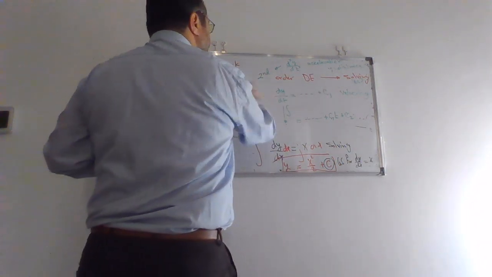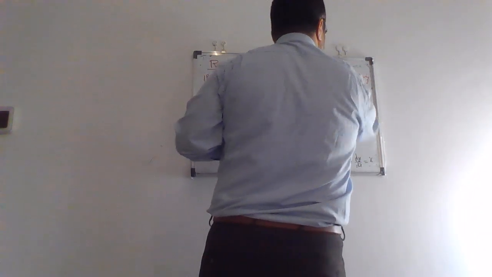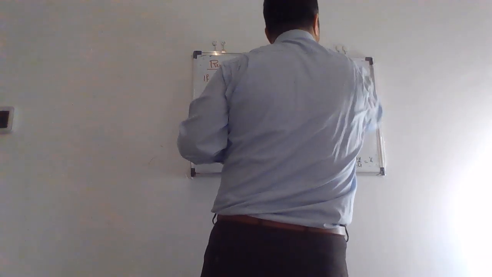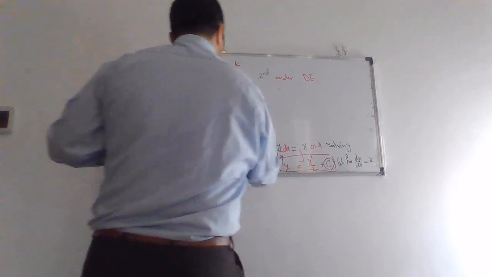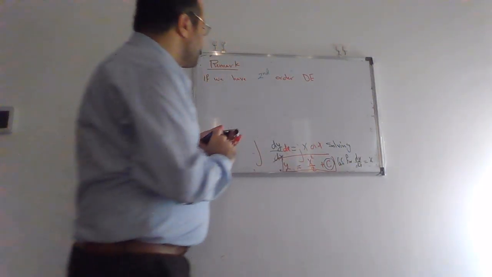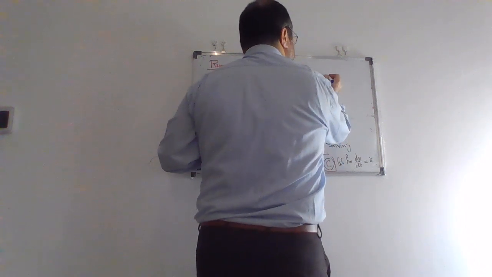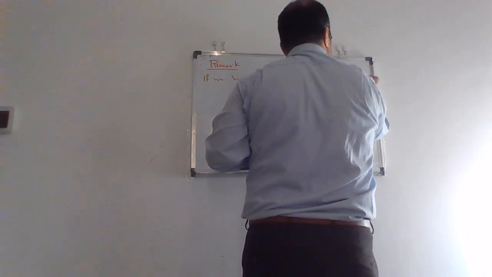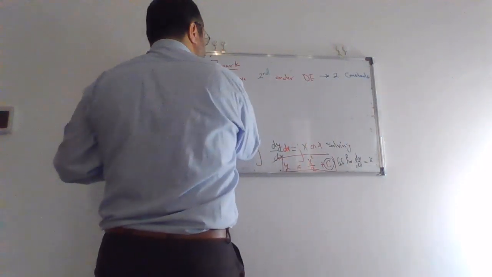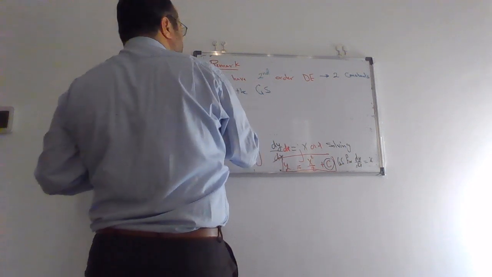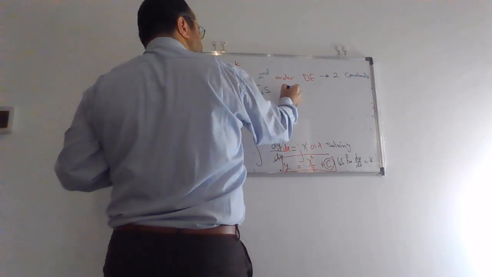Let me write this: a second order differential equation implies two constants of integration in the general solution, C1 and C2.